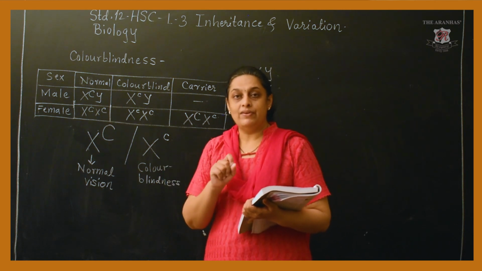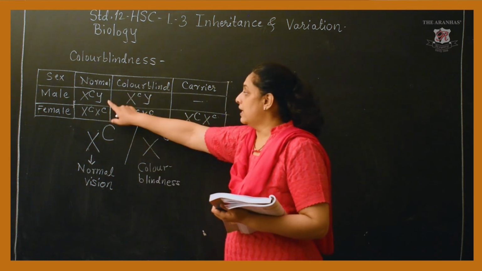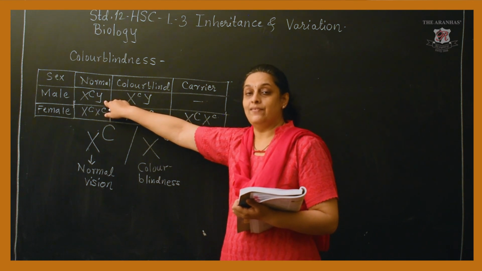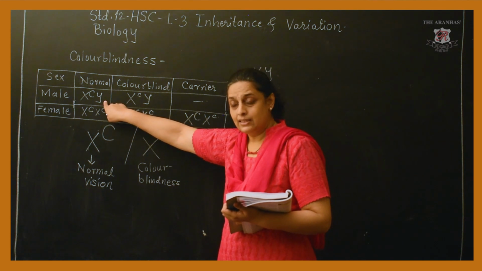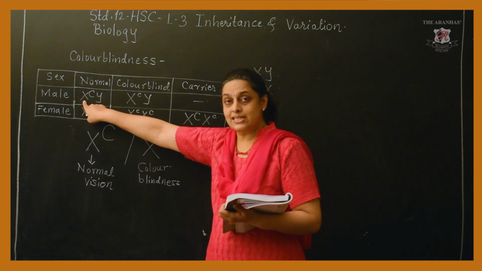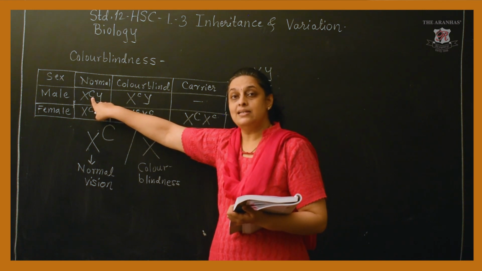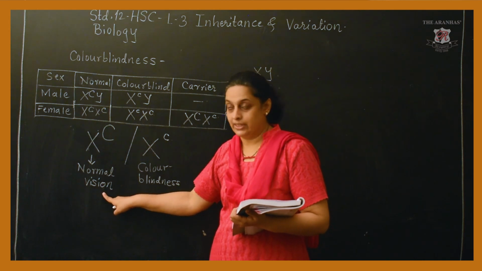Now we will see all the possibilities. Suppose a male has normal vision, then X having gene capital C, because capital C is for normal vision.